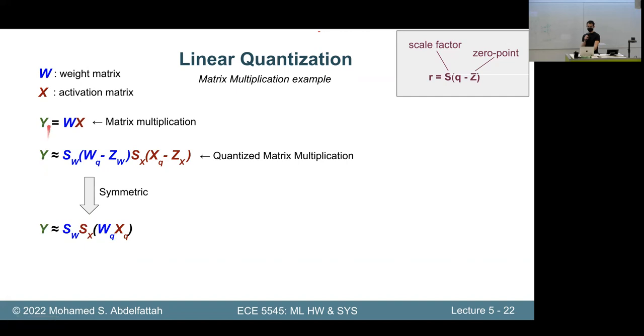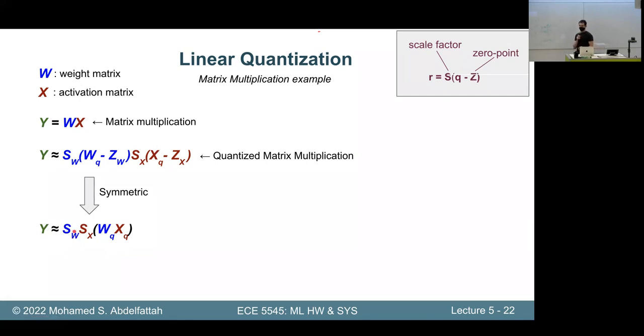So Y is approximately the same Y as in my floating point multiplication, right? If I multiply out the scale factor, you get approximately the same result. Obviously, it's not exactly the same result because I have a quantization error, but I need to maintain the same arithmetic throughout my network. And so I still have those numbers here that I need to multiply with.